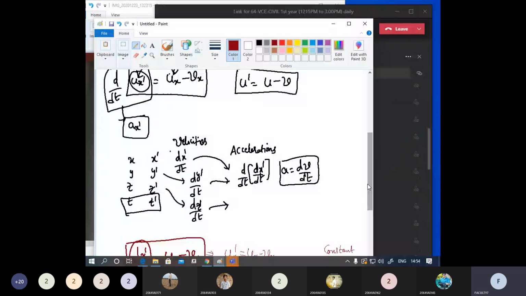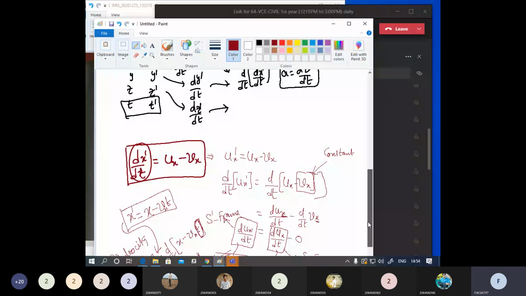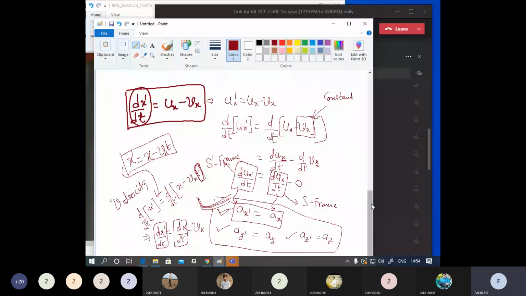Now we are going to convert this equation into the acceleration. Let me erase here.